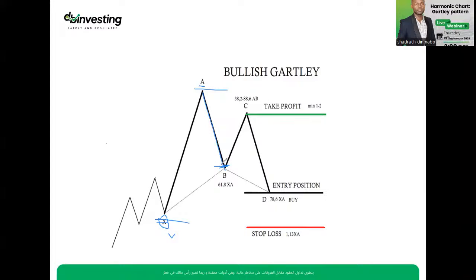And then on getting to 61.8% of XA, it begins to push up again from that point. Then that point becomes our point B.